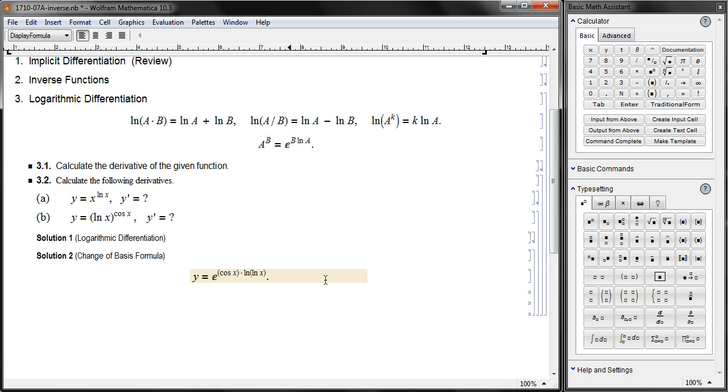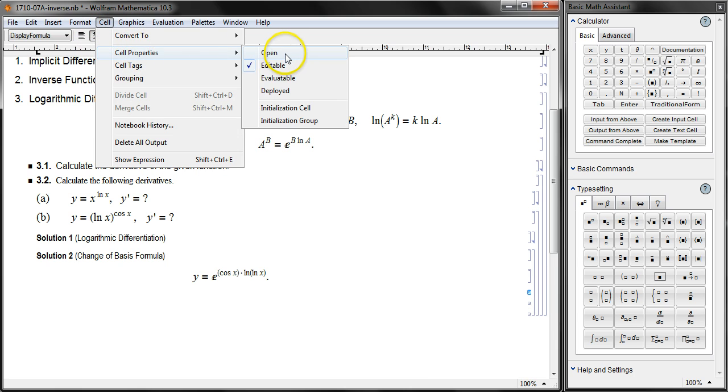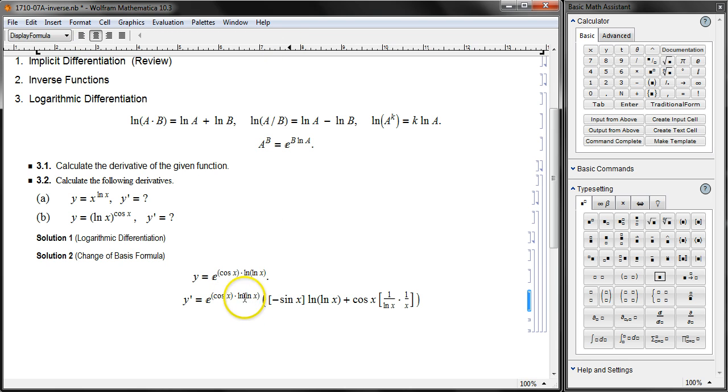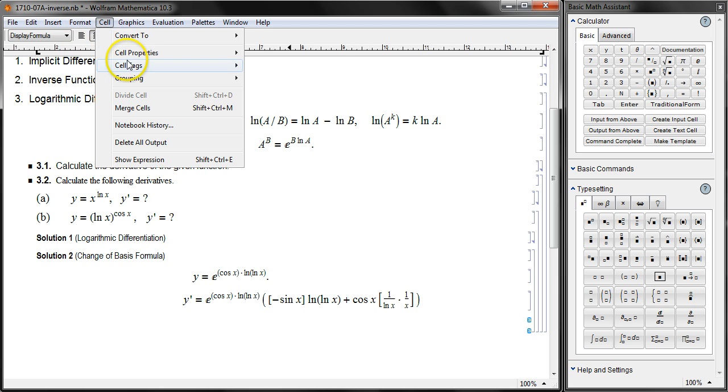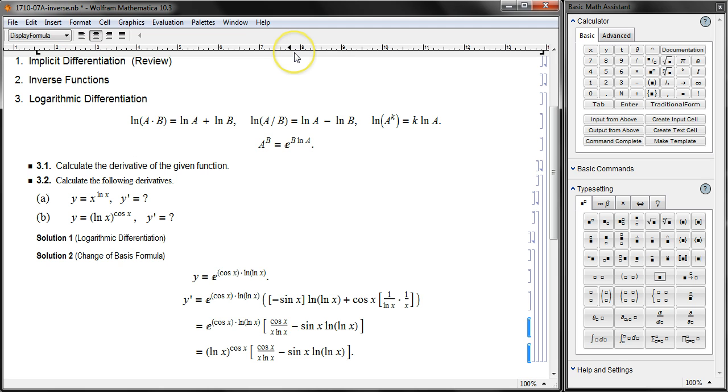And then we take the derivative using the chain rule and inside product rule. Exponential stays the same, and then this is the derivative of the inside using product rule and then the chain rule, and that's where the problem actually ends. The other two steps here are just simplification, which are not really necessary.